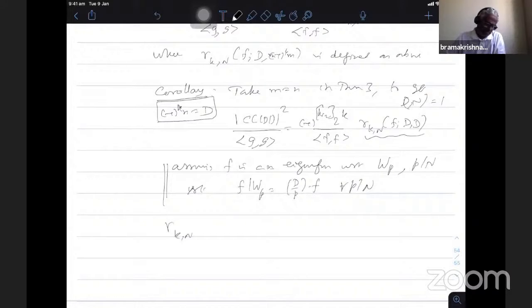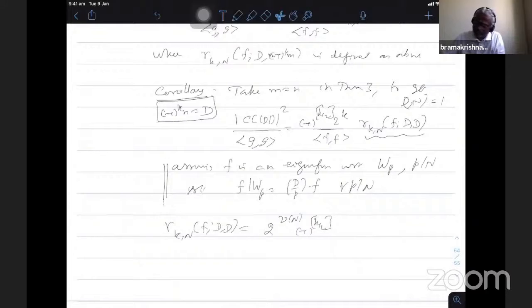Finally, it turns out that this rkn, the whole thing, up to this constant f d comma d, after simplification, becomes 2 power nu n, minus 1 power k by 2. No, actually this one only, sorry, this is correct.